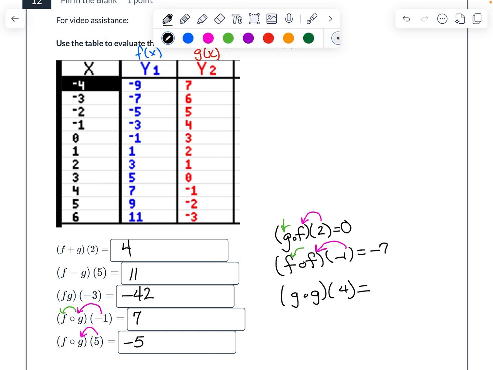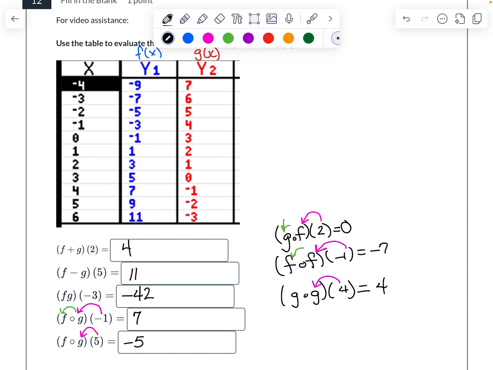We are going to first find out what g of 4 is. So we're going to go to 4. And we're going to look up g, which is negative 1. And then we're going to go to negative 1. And we're going to look up g, which turns out to be 4. That doesn't always happen. It's not that common, but it does happen.